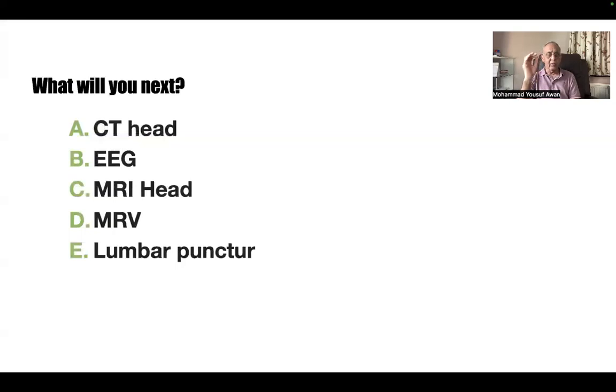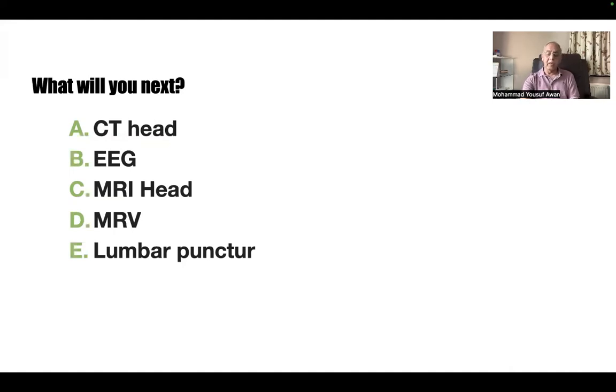So we really need to remember that it's not only the arteries which may be involved, it may be the venous circulation or venous drainage which is affected and can result in neurological problems.